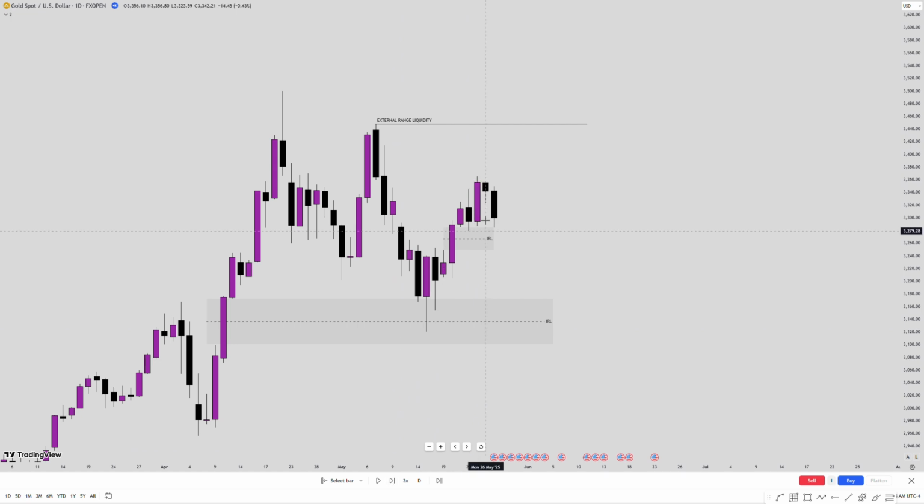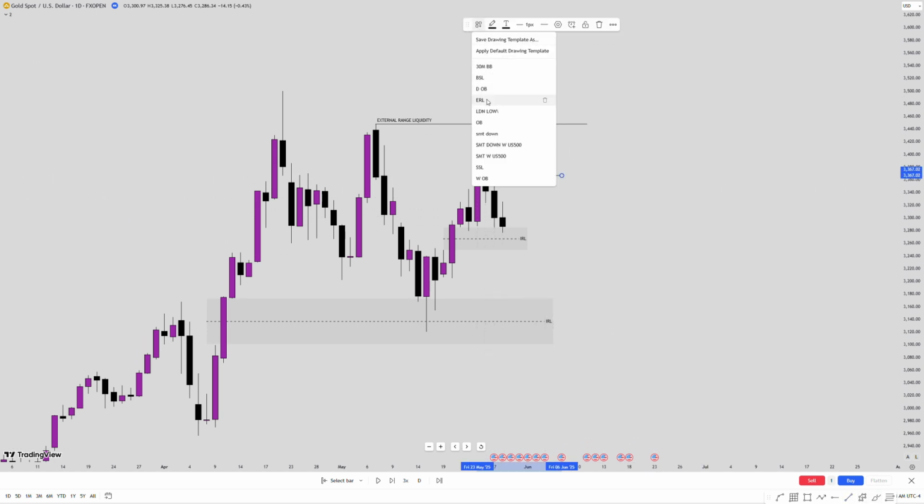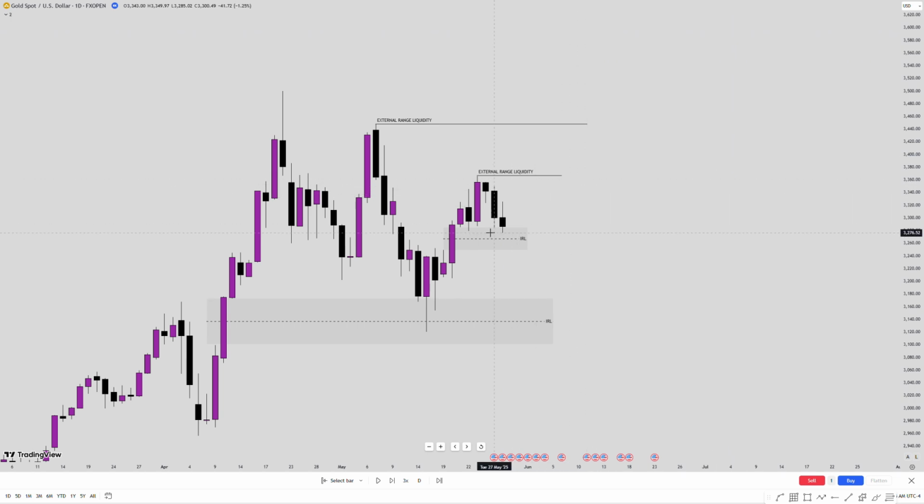So we have that internal range, and we have filled it. Now we want to see price take out that high, which is the external range liquidity, of course. We have to just mark it out. Internal to external, let's see what price is going to do.